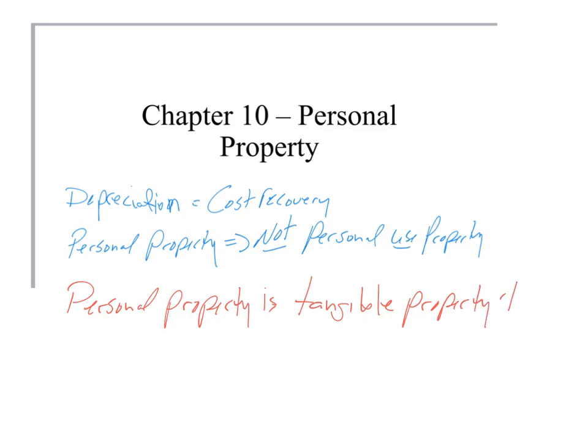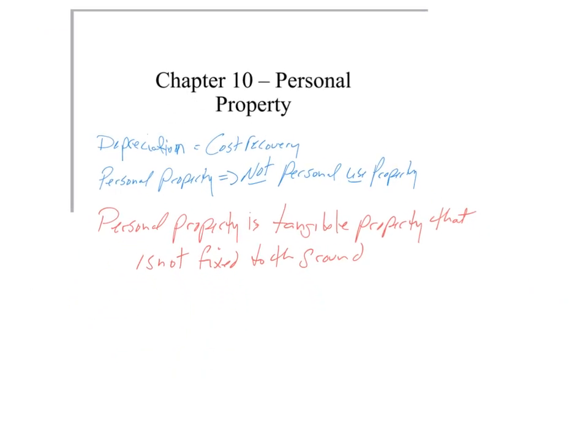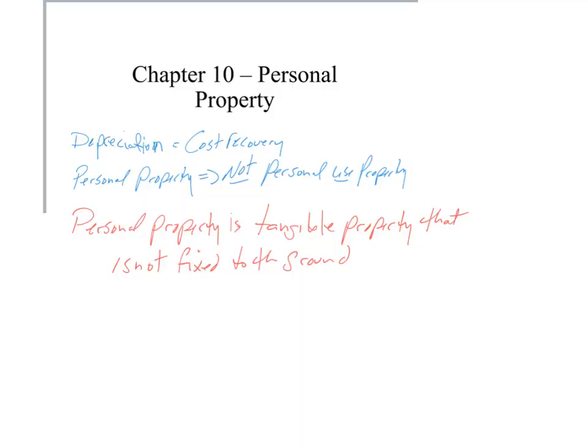Tangible property that is not fixed to the ground. So why do I make that distinction? Because remember, real property is stuff, buildings, right? Houses that are fixed to the ground.